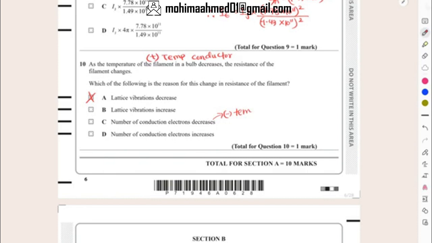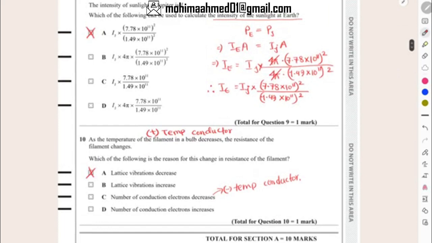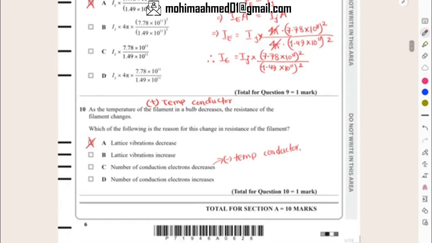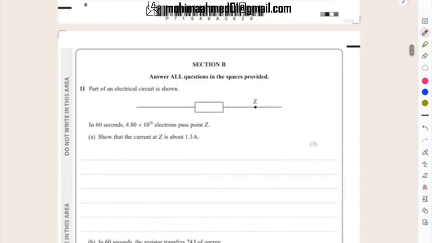So this was the situation for the negative temperature coefficient conductor, mostly known as thermistors. With this, your entire section A ends. I hope it was clear for everyone. We'll move on to question 11 and also the start of section B.